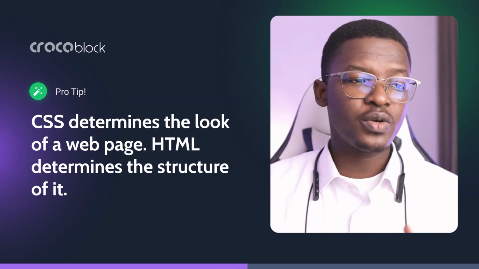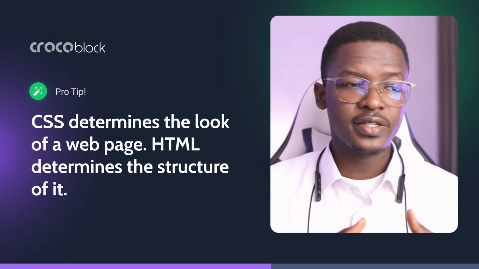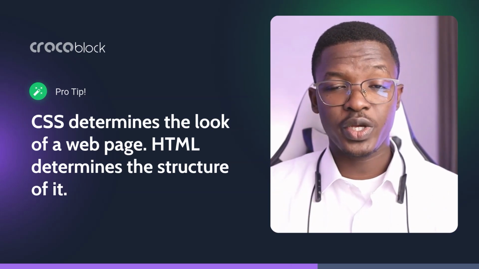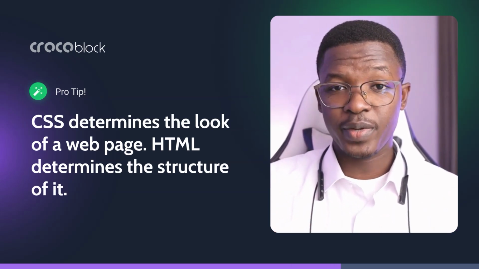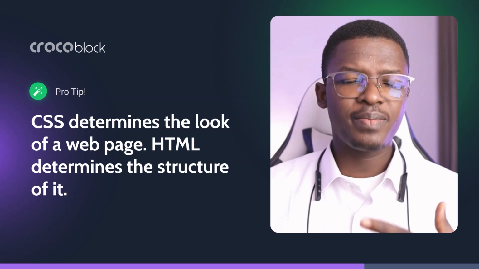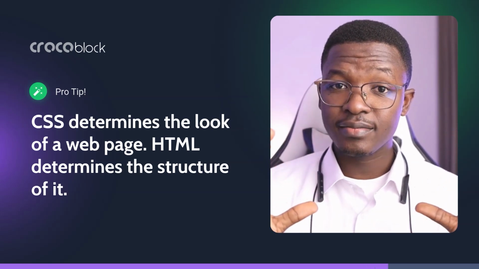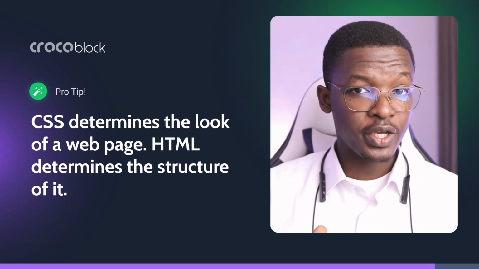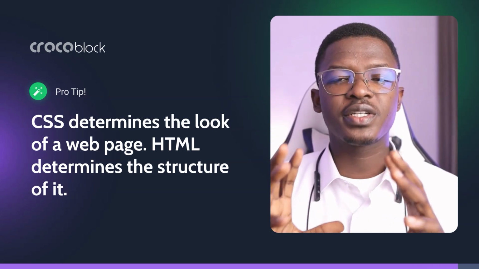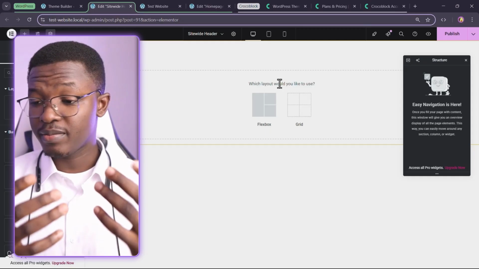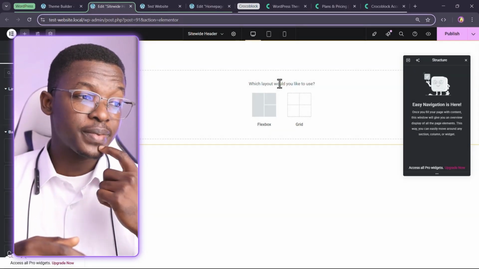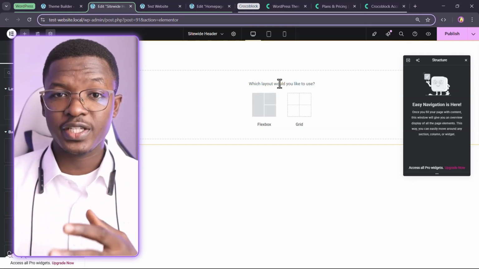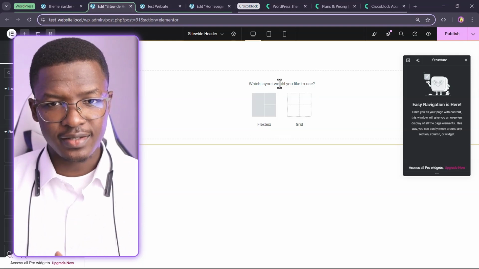It's because essentially what we're doing when we build with a page builder like this is that we're both building out the structure, and whatever design that we make to those elements right here on the page, what is happening really behind the scenes is that it's writing for you the code of HTML, which determines the structure of the web page, and CSS, which determines the design of the web page. So it means, therefore, that sometimes in the course of designing a website like this, you will come in contact with terminologies that are associated with the language of CSS, right?